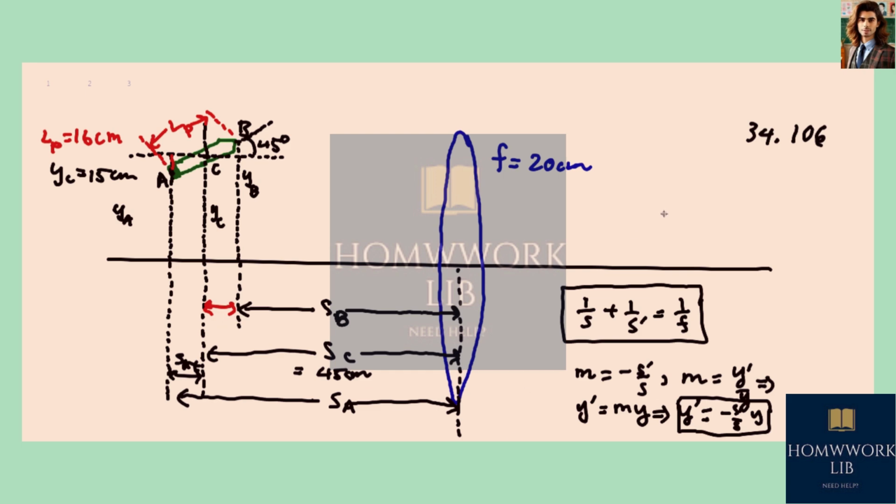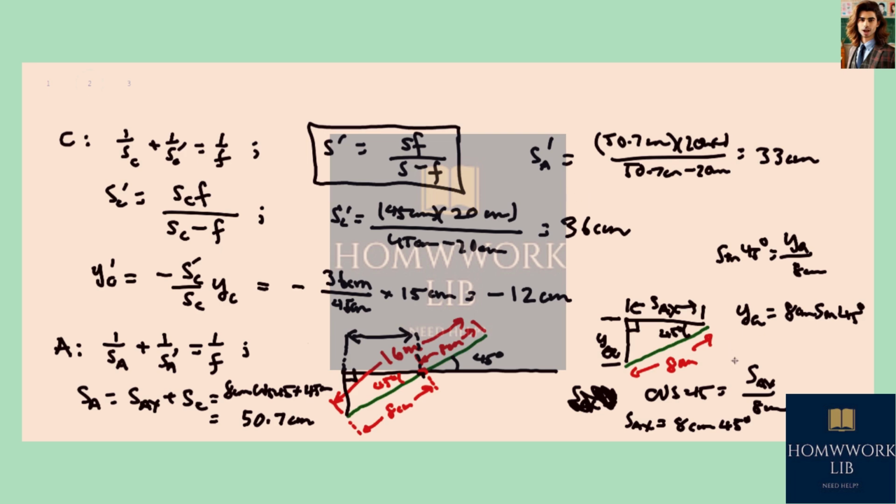And how do we find that? Well, we technically have already found what this little bit is, which is exactly what we have done here. It's the cosine of 45 when we use this. So that will be the same as SAX. It could be SBX, which will be 8 centimeters times the cosine of 45 degrees.